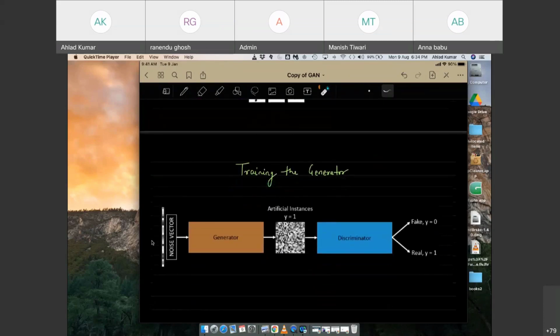In the training of the generator phase, our discriminator is somewhat smart now, so it can judge whether the data coming from the real is real and from the fake is fake. So now, when you want to train the generator, in the sense you have to adjust the weights and bias of the generator, when this generator is generating an image, you artificially append y equal to 1.